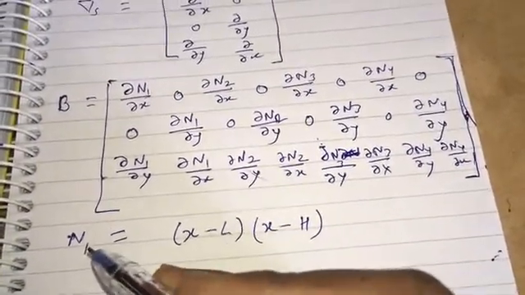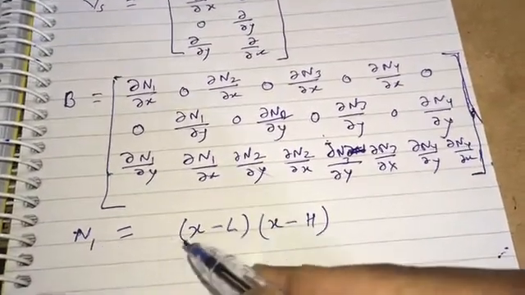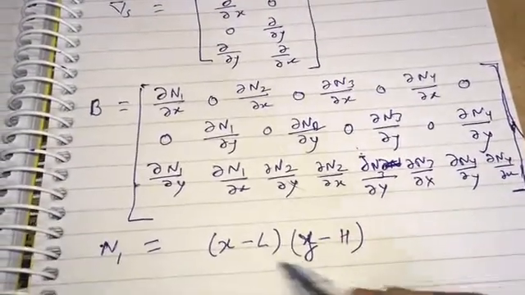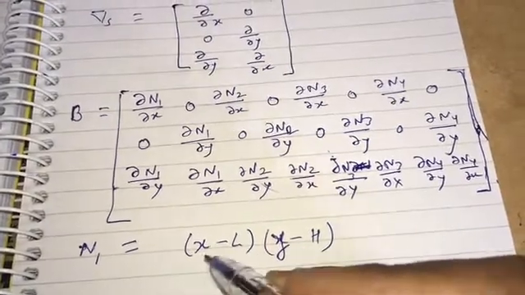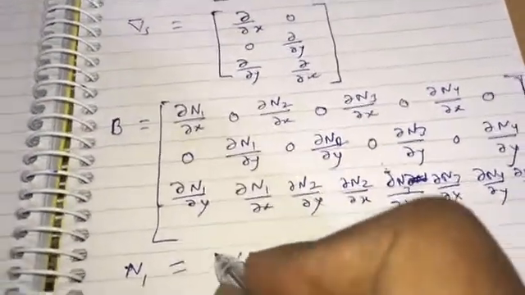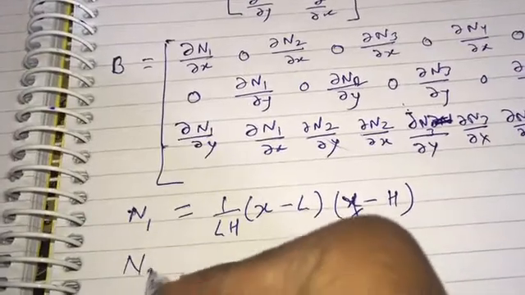But this has to be 1 when x equal to 0 and y equal to 0. So you put that value here, you get L times h. So hence the coefficient will be 1 over LH. So you get N1.